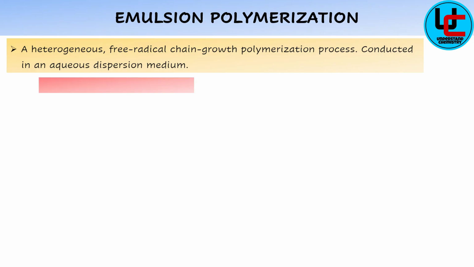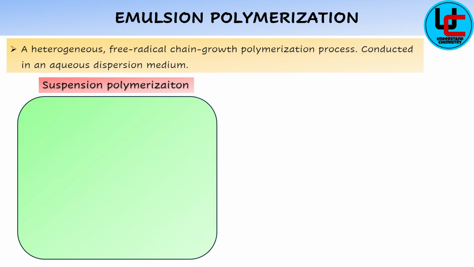Both suspension and emulsion polymerization are heterogeneous free radical chain growth processes carried out in an aqueous dispersion medium, but with important distinctions. Oil-soluble monomers, styrene and vinyl chloride, for instance, can be used in both methods.